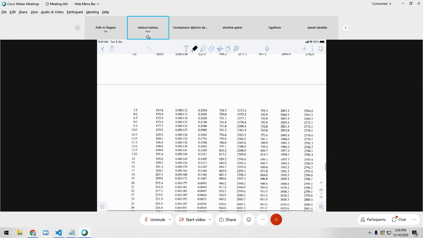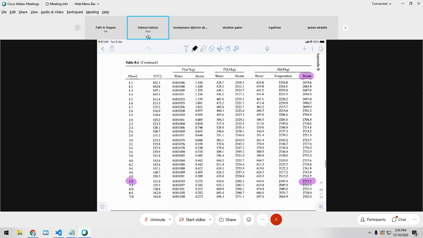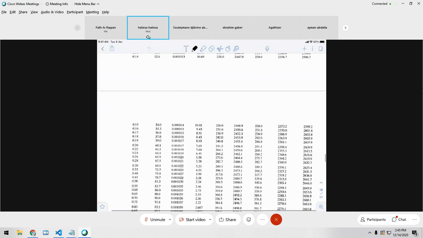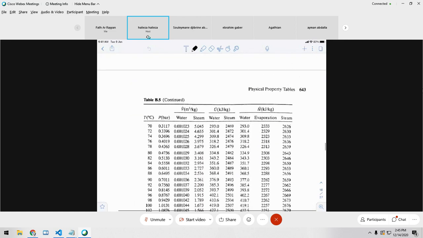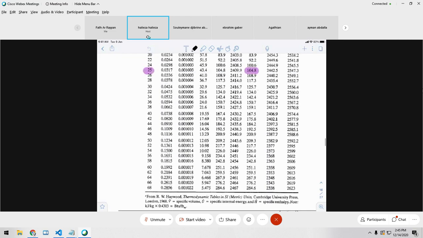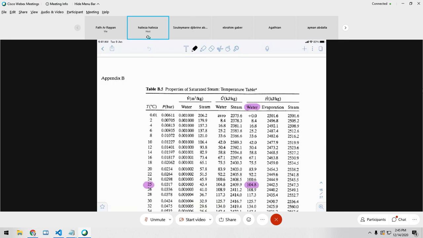The temperature of the water coming out is 10 degrees C. So we look at the first column, which is temperature. We're going to look for the enthalpy at 10 degrees C, which is 42. That's the value of your enthalpy, 42 kilojoules per kilogram of water.